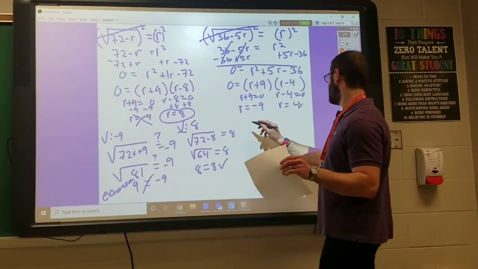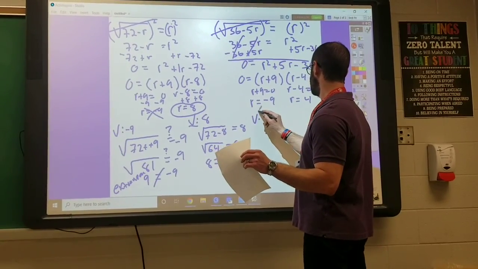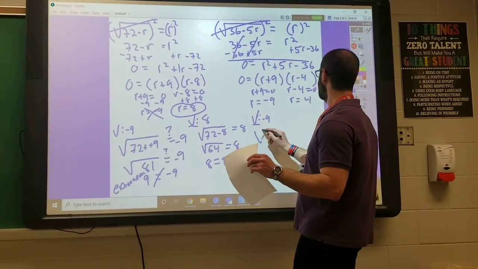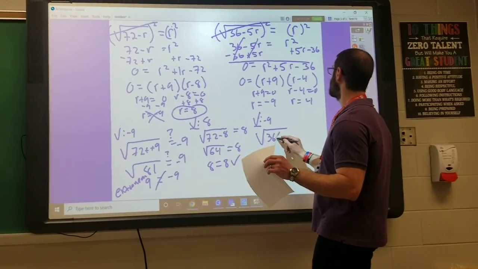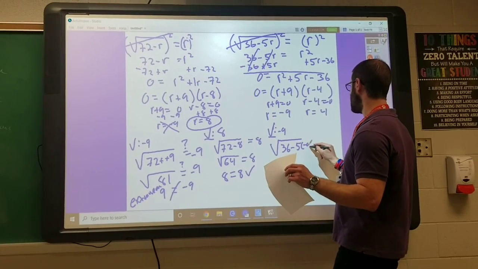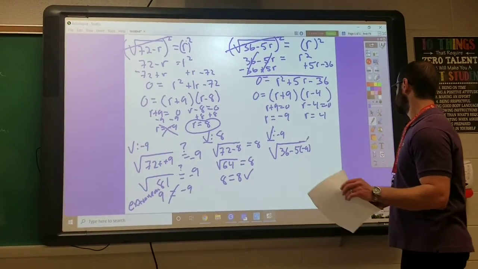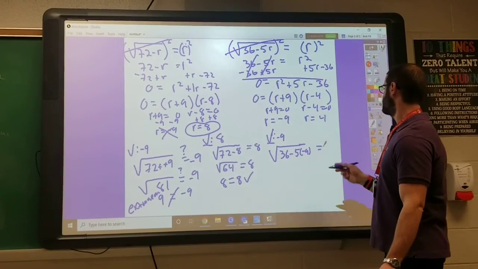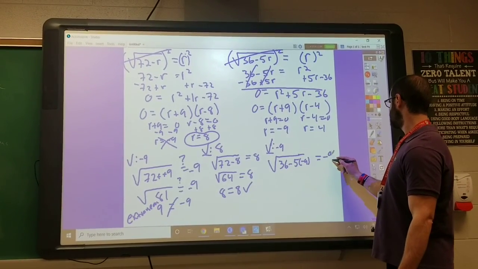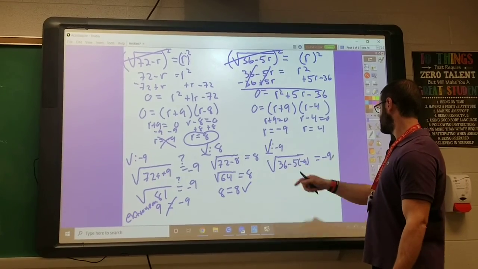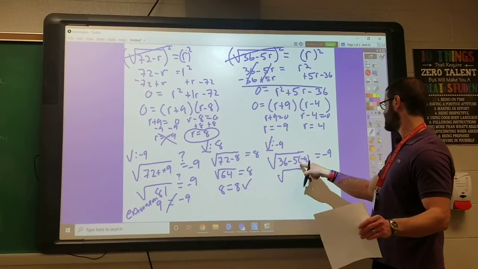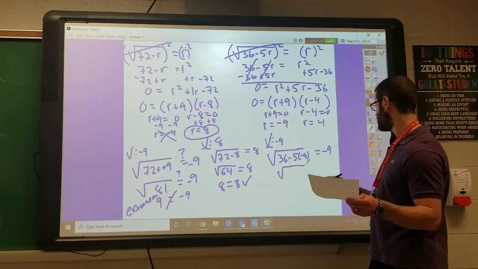Remember, I'm going to check now. So if I check negative 9, the square root of 36 minus 5 times negative 9, we're saying, is that equal to, remember, it's just r over there, so is that equal to negative 9? 36 plus 45, remember, negative 5 times negative 9 would be 45.